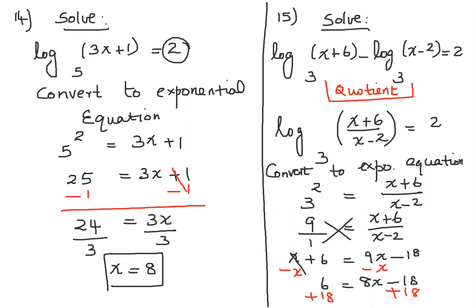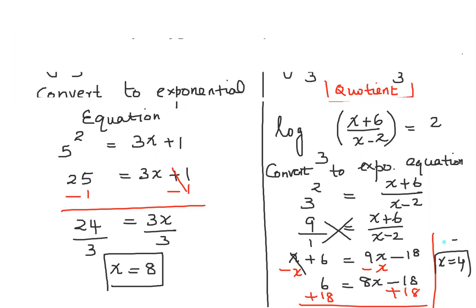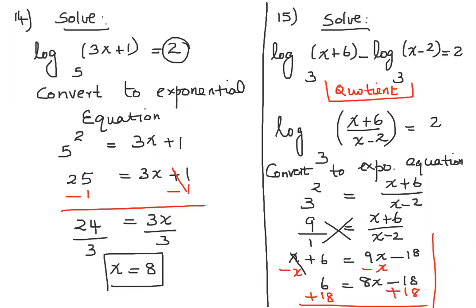So we get 24 equals 8x. I'm sorry, I put 6x, I'm going to erase this whole thing. So we have 8x equals 24. So x equals 3.